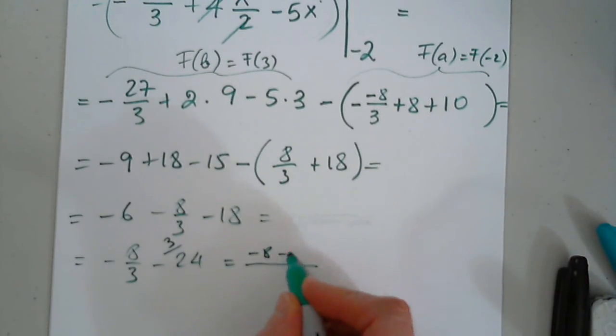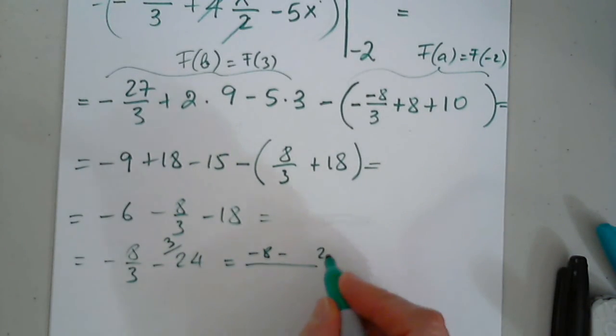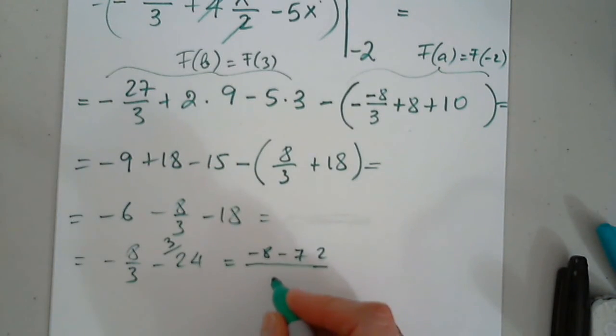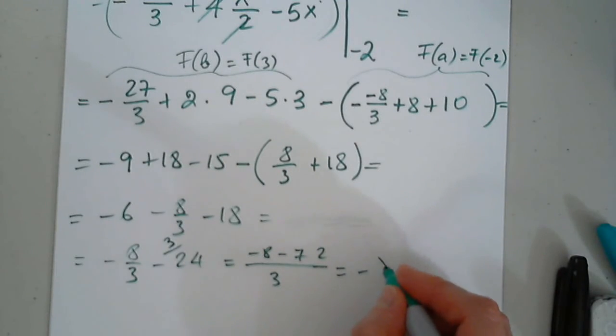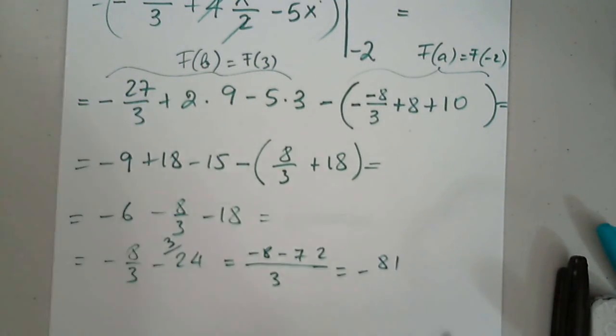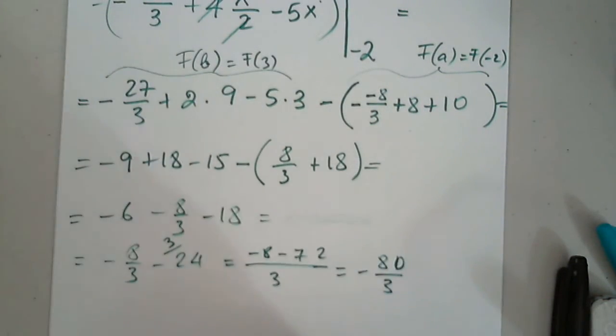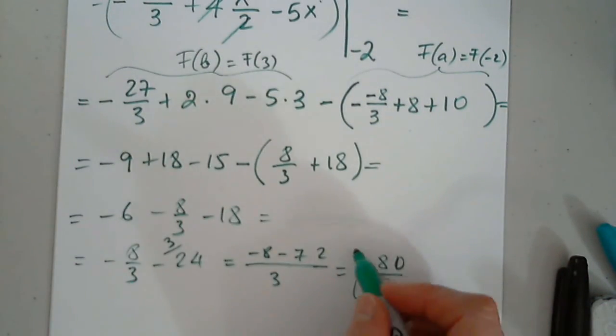So this is -8 minus 72, so this is -80 divided by 3. This is it.